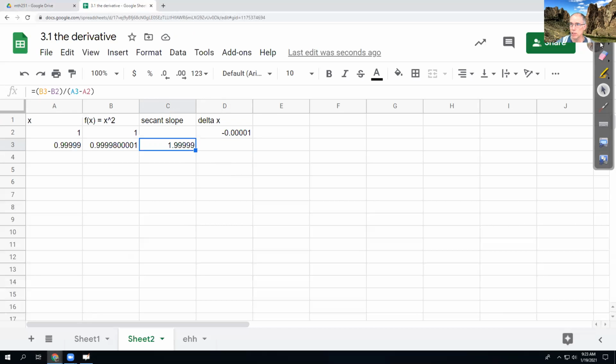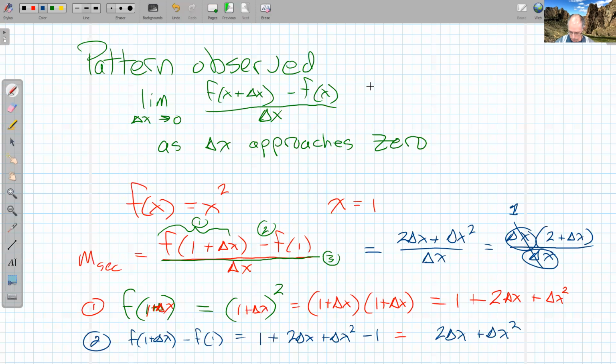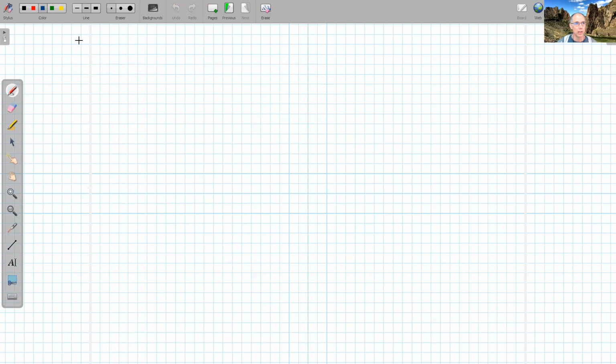Back to the notes page. So putting it all together, if I want to find the slope of the tangent line, and a tangent line is different than a secant, it's the line that just touches at one point and has the same slope that the curve has, right?